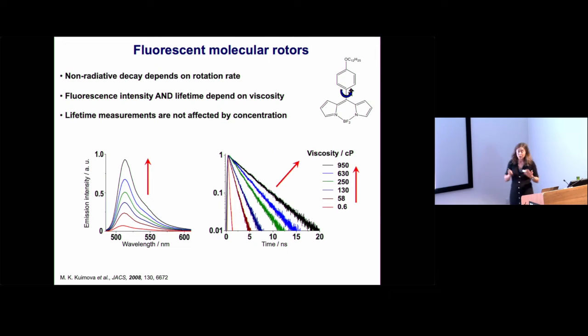So, for example, in a non-viscous environment, this molecule, which is a BODIPY molecular rotor, has the phenyl ring rotating around the core of the fluorophore. The rotation of this unit leads to deactivation of the bright excited state of the BODIPY into a dark state. And as a result, the fluorescence intensity is really low, and also fluorescence lifetime is really short as well. So when you now increase the viscosity of the environment, rotation is restricted, and as a result, fluorescence intensity and the fluorescence lifetime goes up.